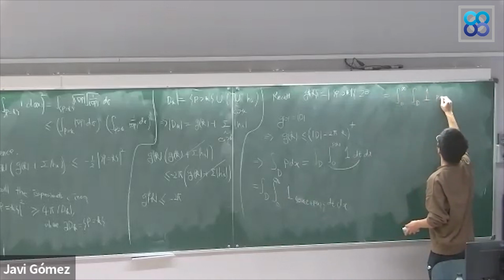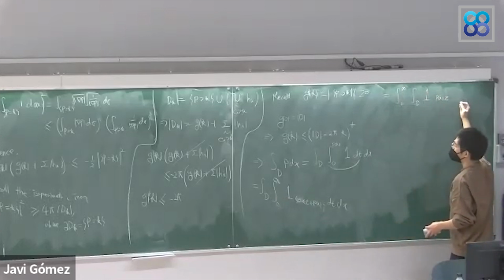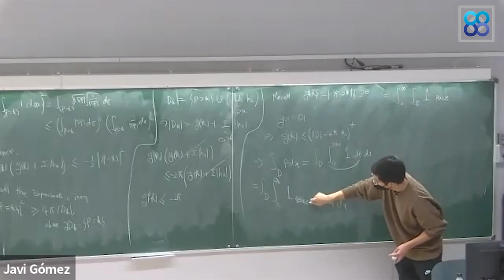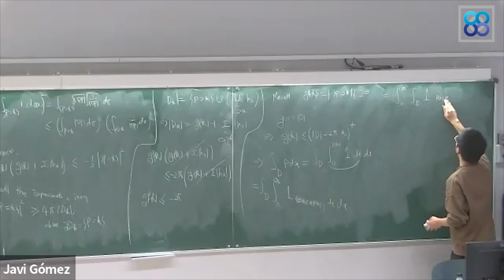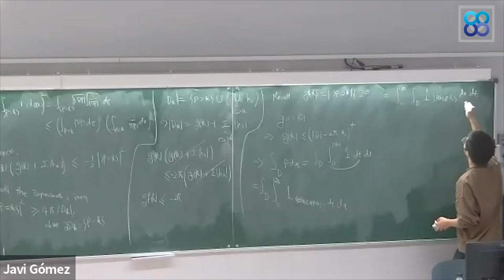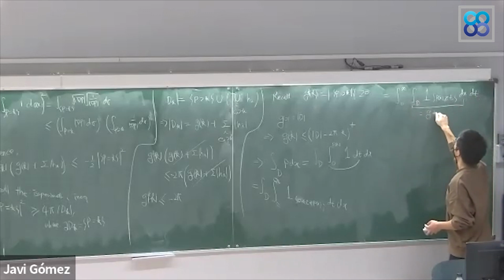The px is bigger than or equal to... let me just delete the equality. Let's put the strict inequality here, t, and this guy is exactly g of t.